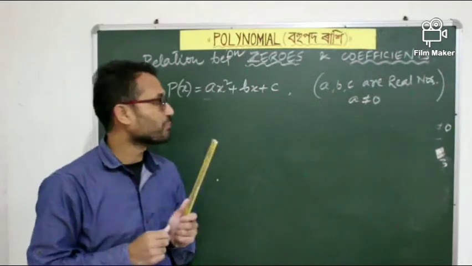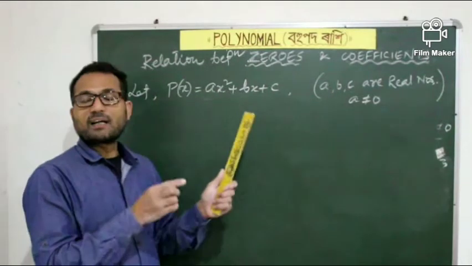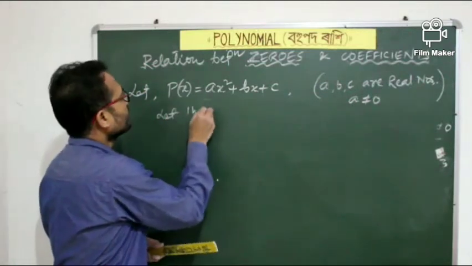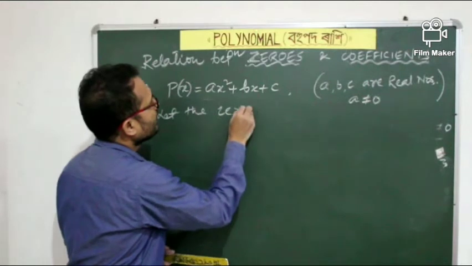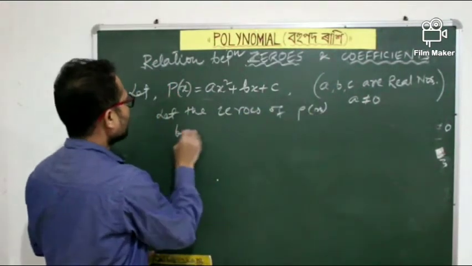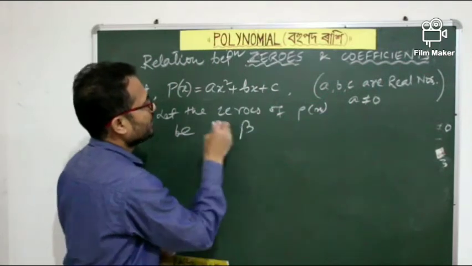Maximum 2 zeros, right? So we take its two zeros as alpha and beta. Let the zeros of p(x) be alpha, beta.